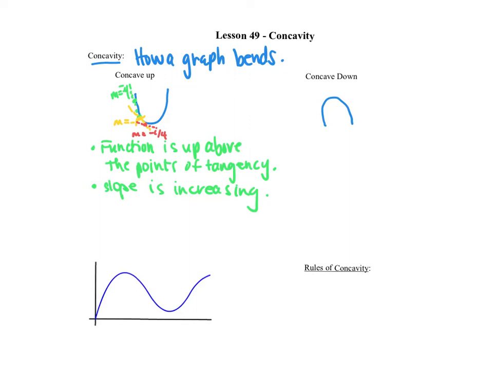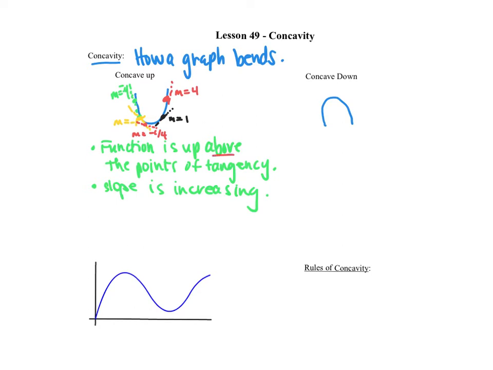Now, when I go to the right-hand side over here, and if I find this point of tangency, this slope looks like it's about +1. And if I do one more, because this is going to emphasize my second point, let's say this slope is about 4. You can notice my blue, my function, is above all of my points that I have drawn.